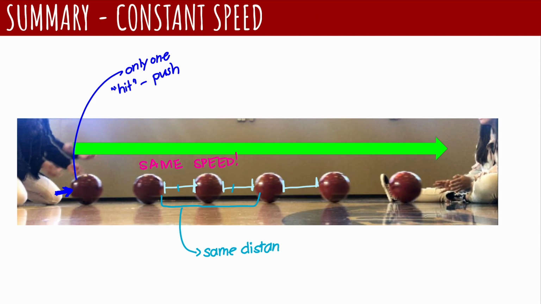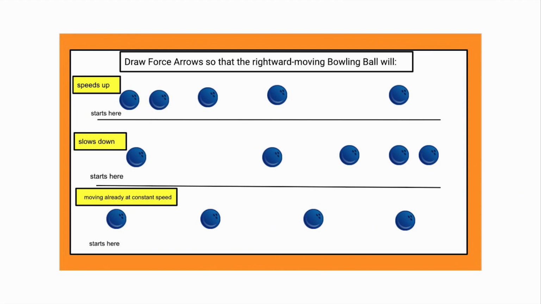Because the ball is going the same direction and there's the same amount of space between each picture, that's showing us a constant velocity. And that is for something that was not hit.